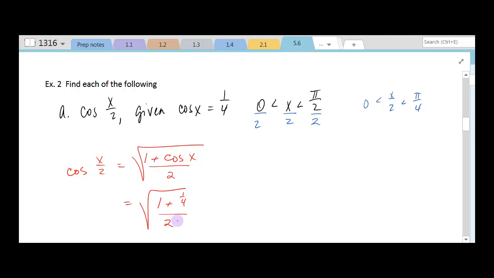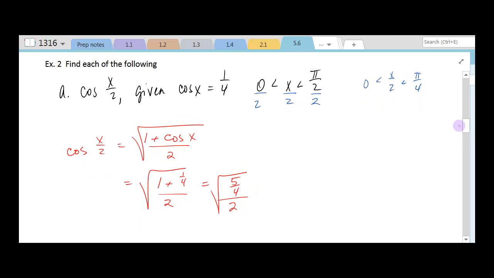And we're just going to simplify this portion of the expression. So 1 plus 1/4 is 5/4 divided by 2 under the square root. If I have 5/4 divided by 2, that's the same thing as 5/4 times the reciprocal, which is 1/2. 5/4 times 1/2 is 5/8, and each of these has the square root applied to it.